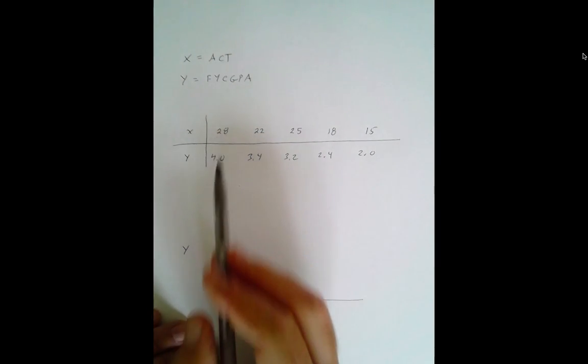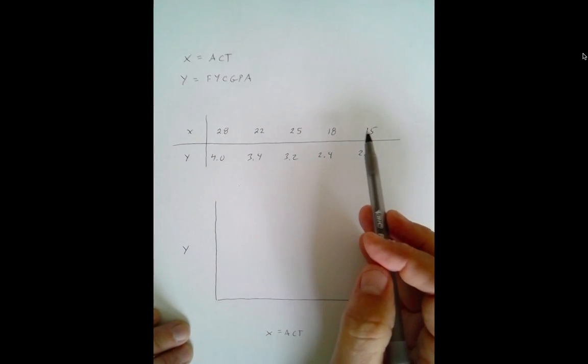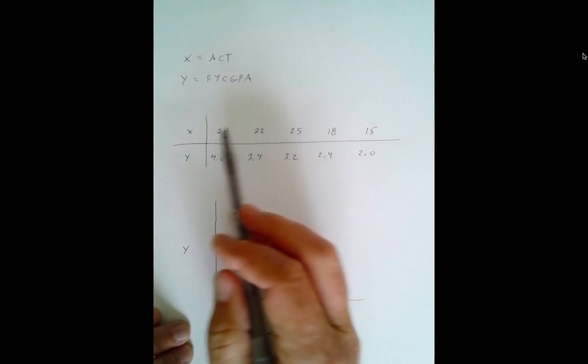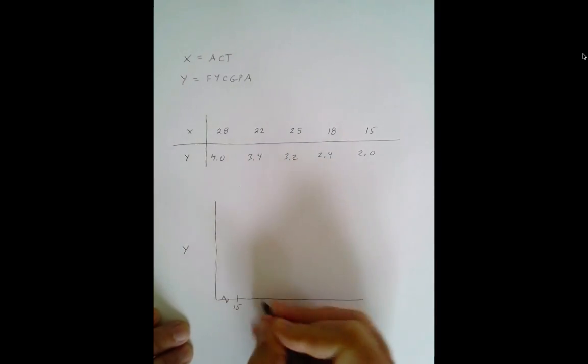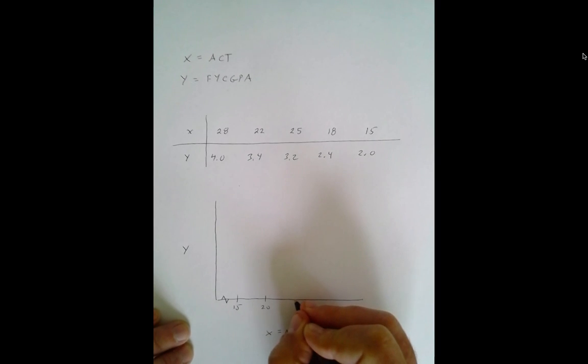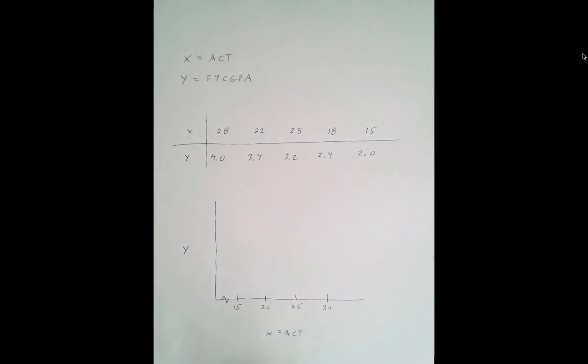Now what I have to do is set my axis here on ACT to accommodate the data that I have, and the data ranges from 15 to 28. So I'm going to come in and break this up. And again, guys, I would never prepare a scatter plot by hand.